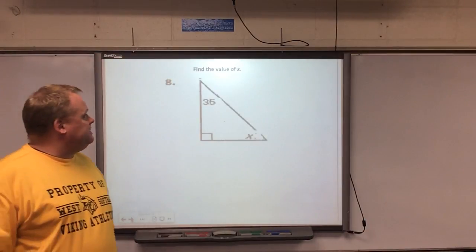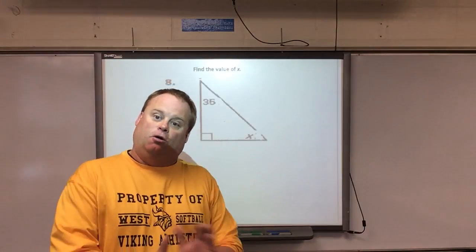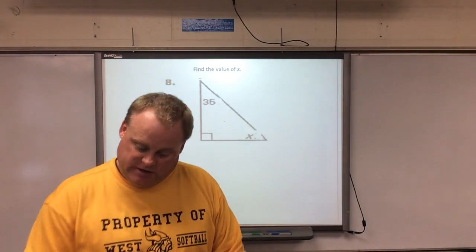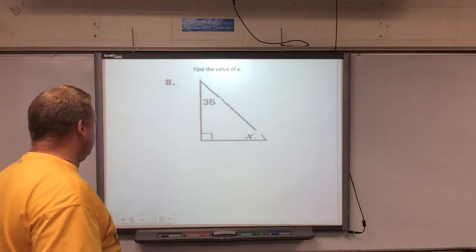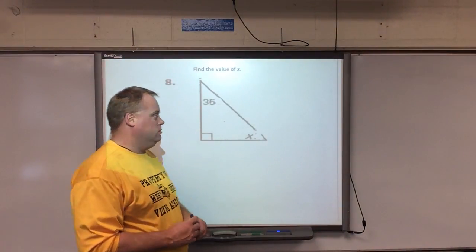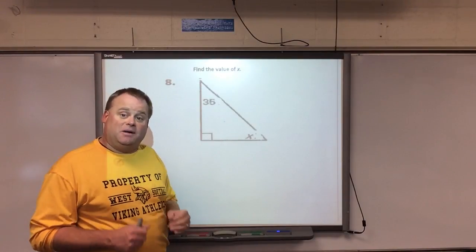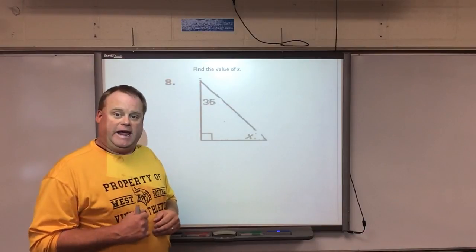All right. Find the value of x. So now we're going to add some algebra into this. I know it's one of those things that you don't necessarily like, but I'm going to remind you of something. I know you've been taught this before, but I just need to remind you. All three angles inside a triangle add up to equal 180 degrees.